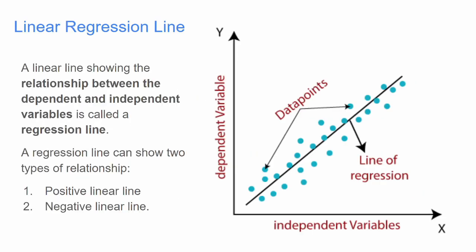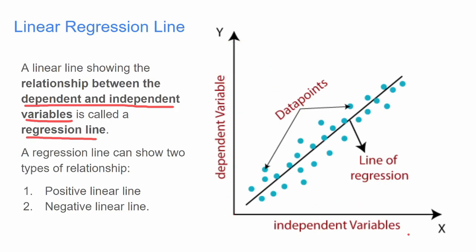Now when it comes to the linear regression line, first we will see the relationship here. A linear line showing the relationship between the dependent and independent variables is called the regression line. Here you will see a graph like a scatter plot, with an x-axis and y-axis.